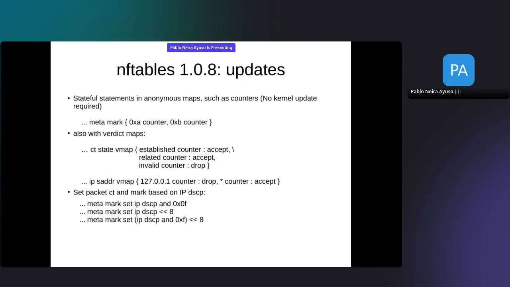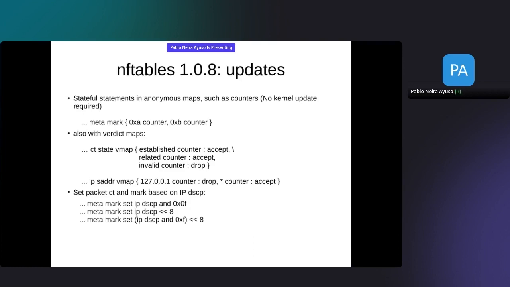So it's always convenient to utilize sets and maps more and more. One of the things when adopting nftables is that you have to change your mindset, and stop thinking about maintaining a rule set by rules, but instead think how you can express things with sets and maps to basically reduce the number of rules that need to be inspected to find a match, and then let the packet go or drop it as soon as possible.